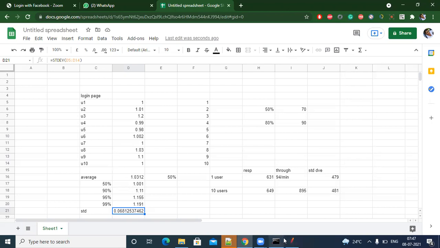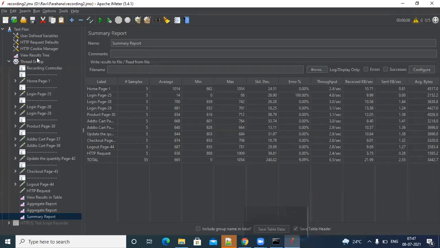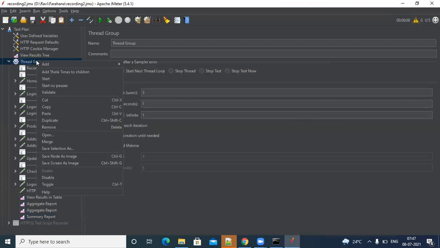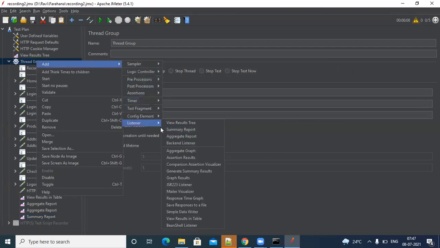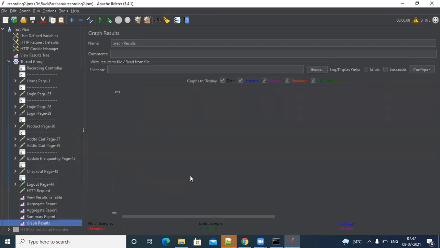So next listener, graph results. Add listener, graph results. This will give us a basic graph to understand how our application is being monitored. Okay, so let's take an x and y axis.